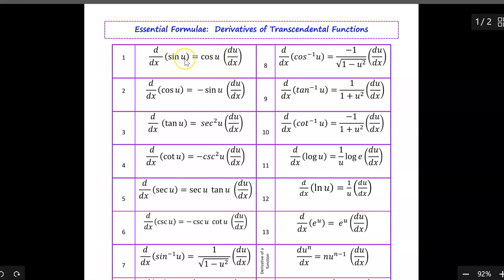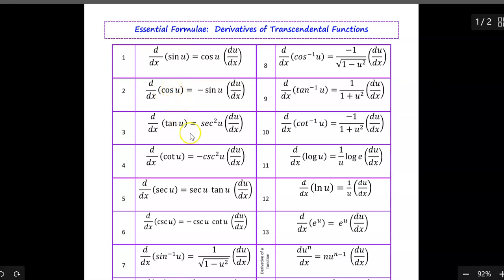So for sine of a function, find the derivative of that function u, the argument of your trigonometric function. In this case, you see times du over dx. If you find the derivative of cosine of a function, the solution would be negative sine of u. Then you apply the chain rule, which means you multiply by the derivative of u as a function of x. Don't forget, u is a function and u is the argument of your trigonometric function.